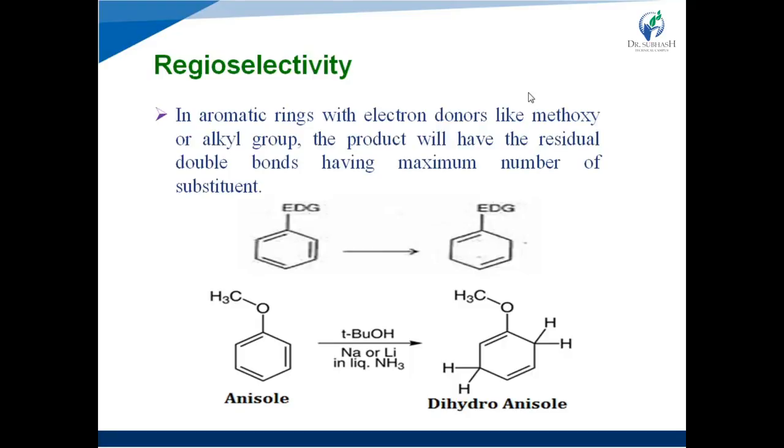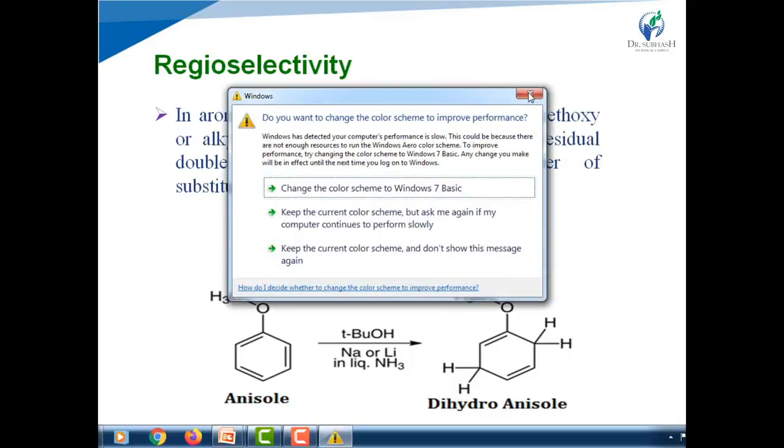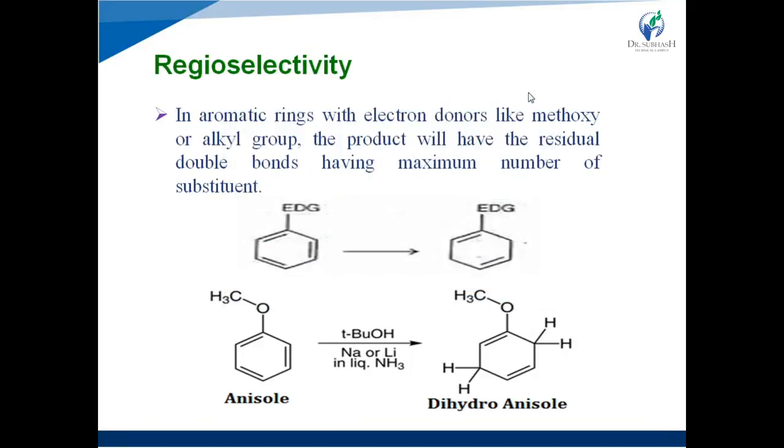That means the reaction is selective, specific to one product amongst many possible products. Out of several possible products, the reaction forms only one product, and that is the regioselectivity of that reaction, right?